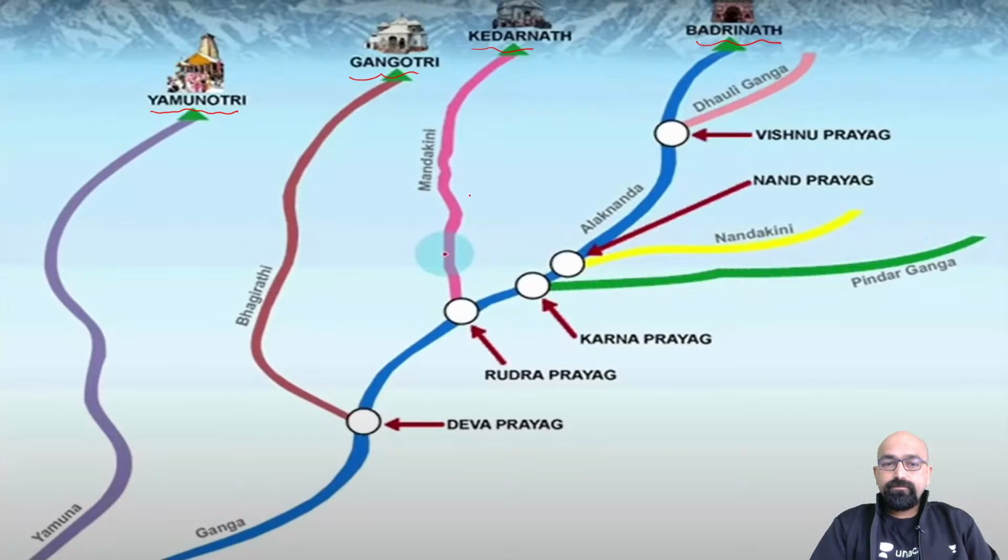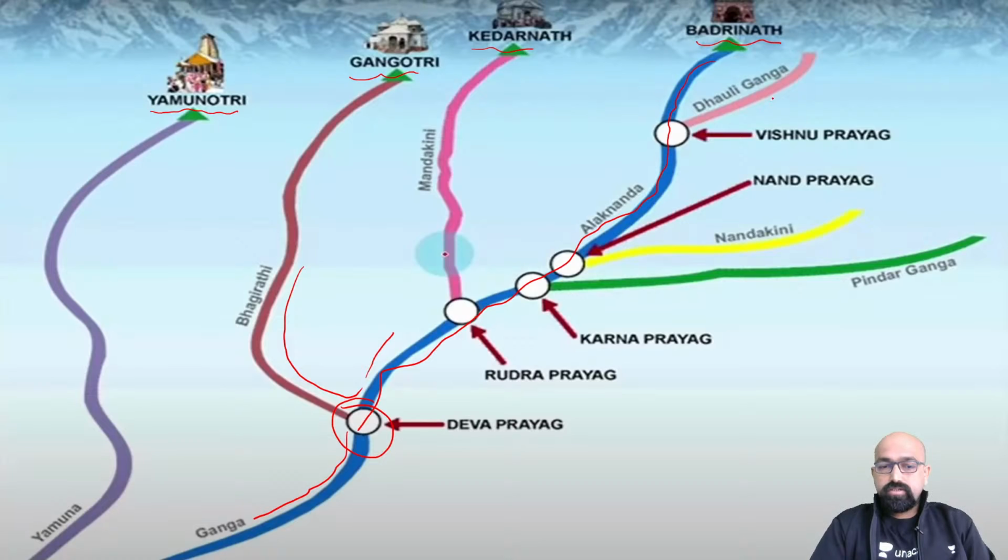Now, see the river Alaknanda is flowing in this region, and at Devprayag, Bhagirathi and Alaknanda meet and they form Ganga. Right. Now, today we'll see the glacier burst in Uttarakhand.